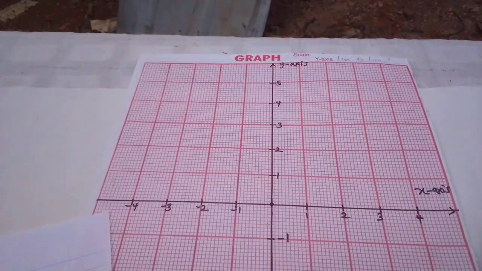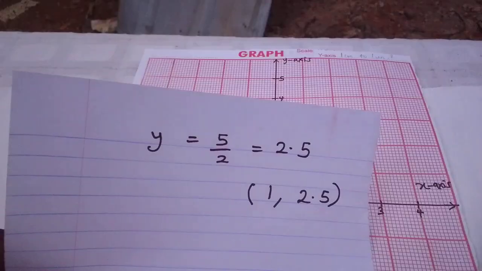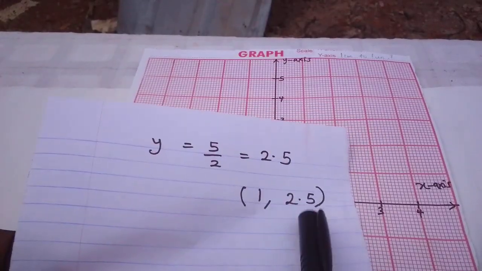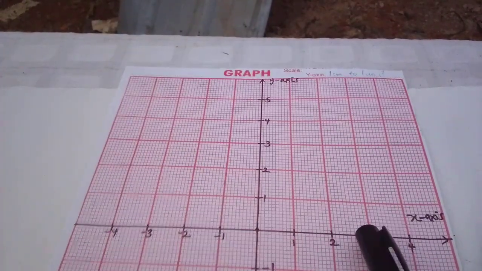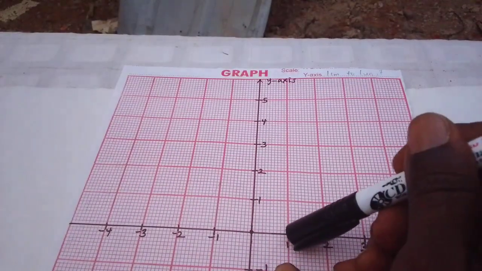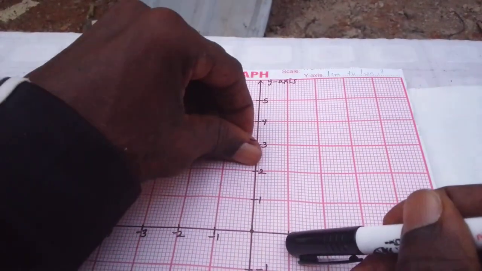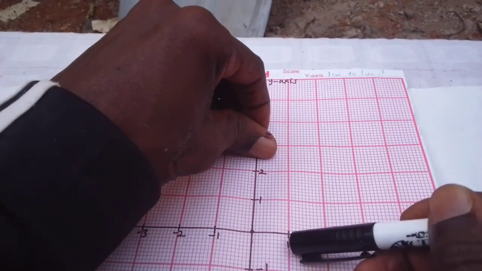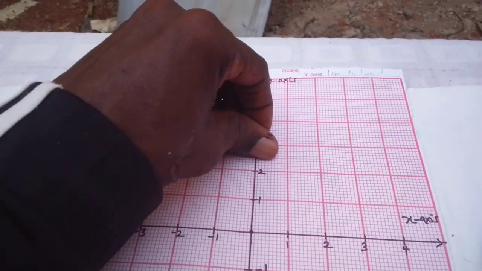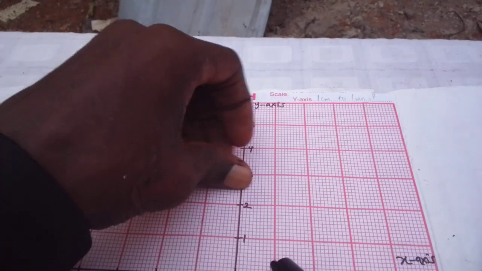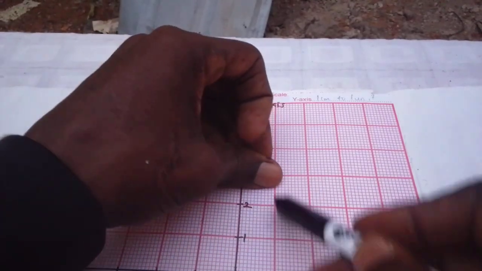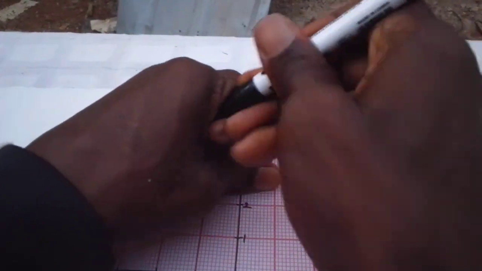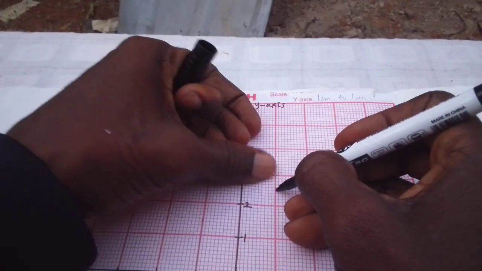The second coordinate says when x is 1, y is 2.5. X is 1 in this place, y is 2.5. 3, 4, 5. Y 2.5 here. You will see that both meet on this line, so you are going to mark it.